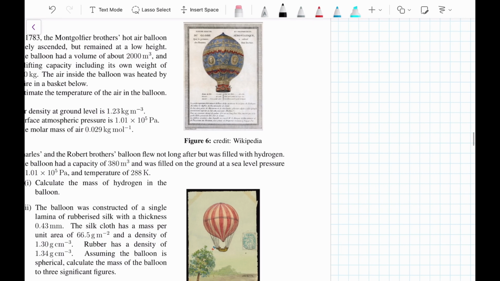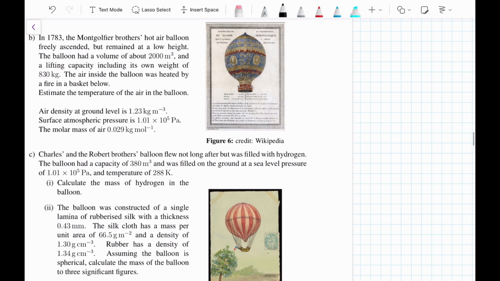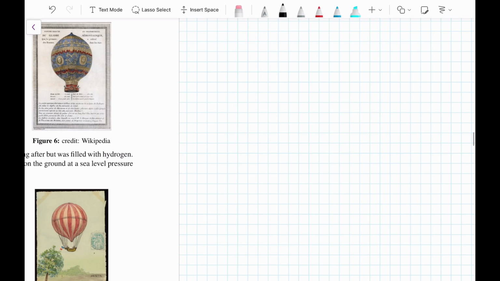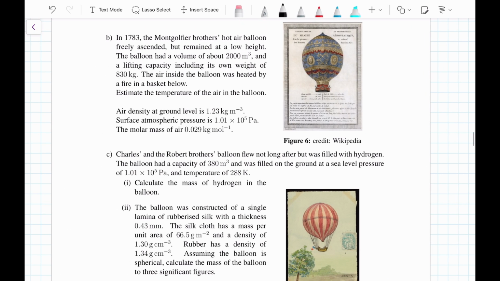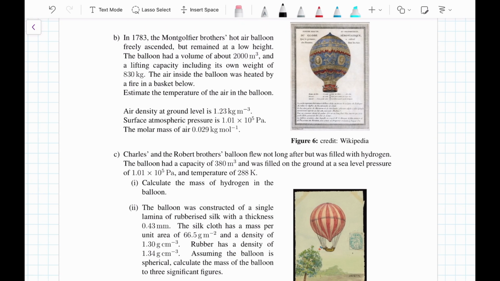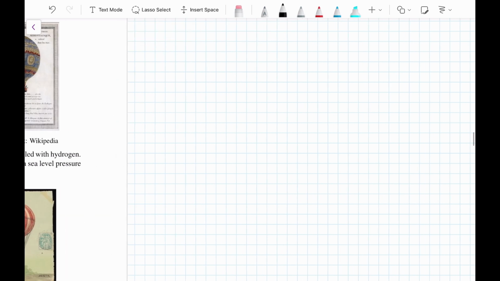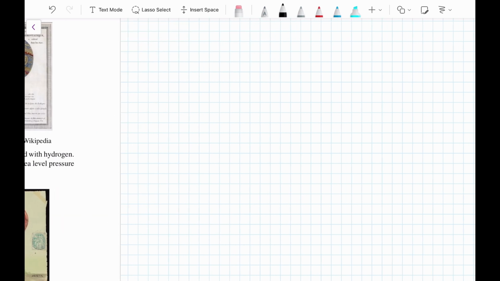So I suppose the question wants us to calculate the temperature of the air in the balloon. I think we should start off with calculating the weight of the expanded air. I think that will be a viable approach.